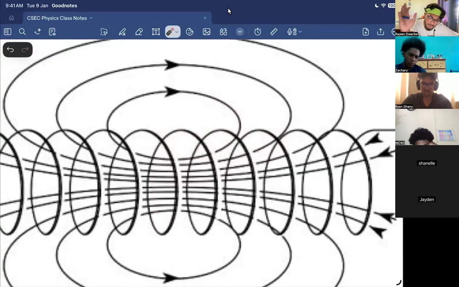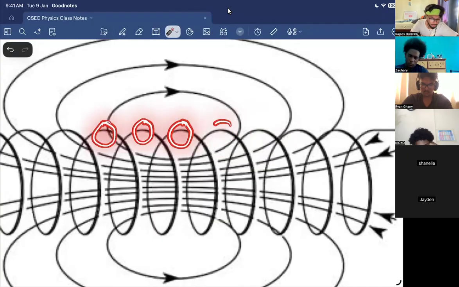If you have multiple people pushing a car in the same direction, their forces would increase, the forces would add together. So if I have a magnetic field over here, and over here, and the same magnetic field over here, what would they do? They would add into this big thing over here.